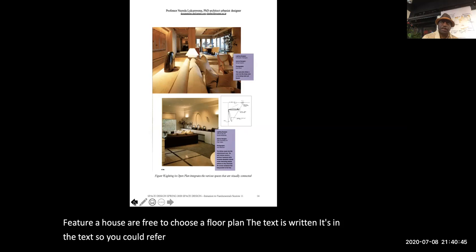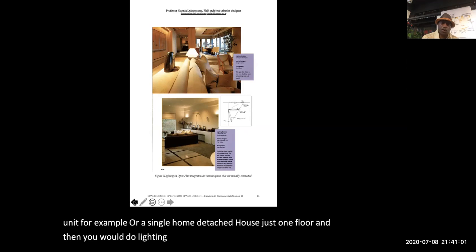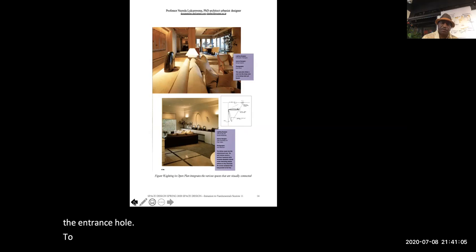You choose a floor plan of a mansion unit, for example, or a single detached house, just one floor. Then you would do lighting for the entrance hall, the living room, the dining room, the kitchen, and the bedroom.